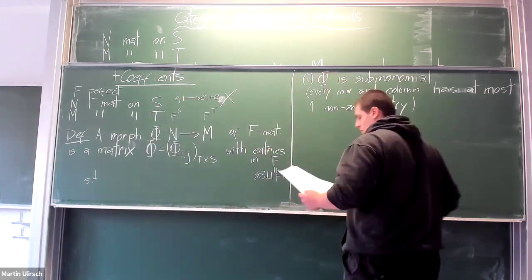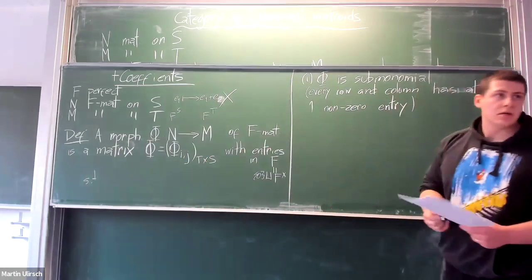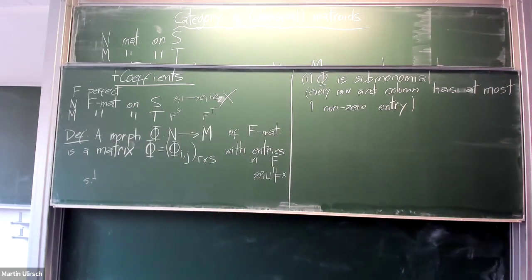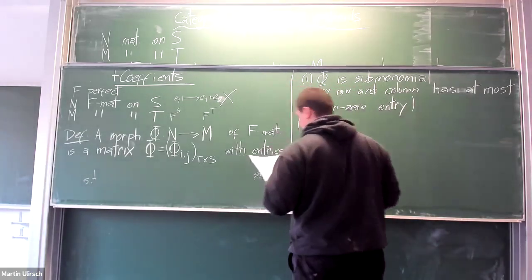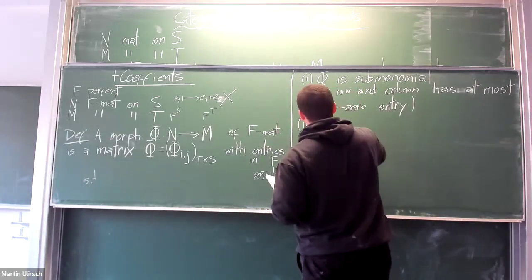We want this. Do you need that every row has at most one nonzero entry, or every row and column? I want columns also to have at most one. Okay.